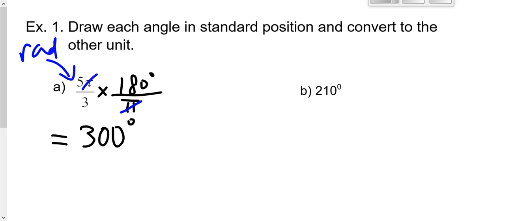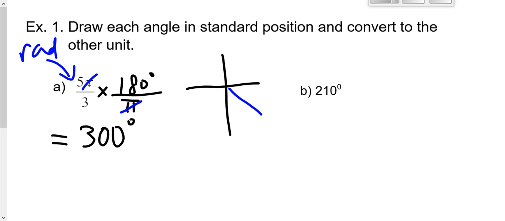All right, so let's sketch this. 90, 180, 270, 360. So 300 would be somewhere here.